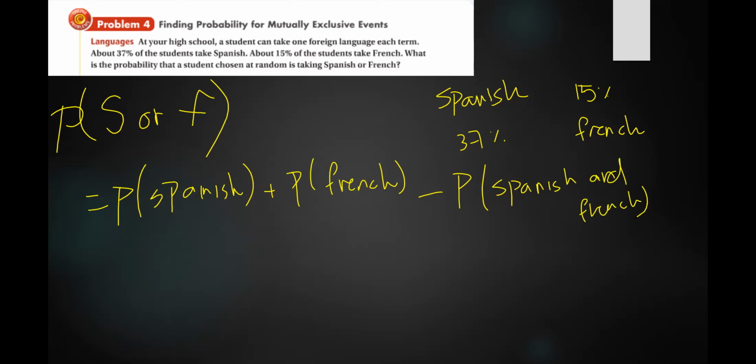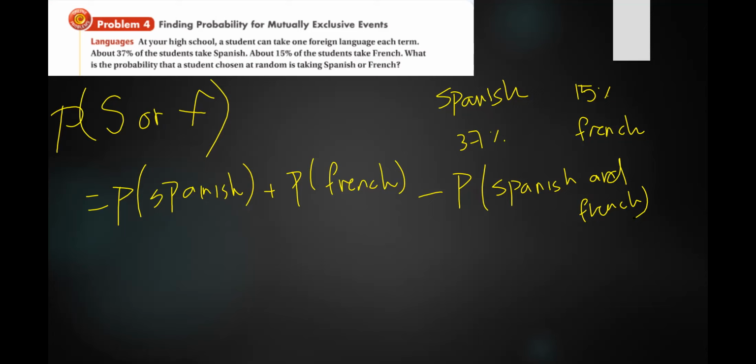Now, before finding it, let's determine whether any student takes Spanish and French at the same time, from the question. No. They told me you have to choose only one language. In this class, you can be in Spanish, French, Chinese, or Arabic, any language, but only one class.